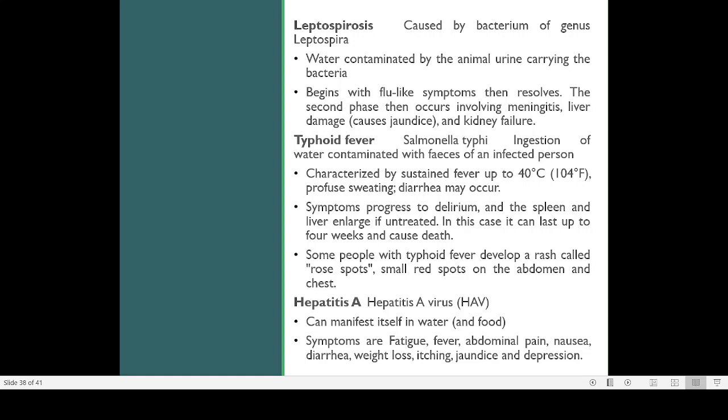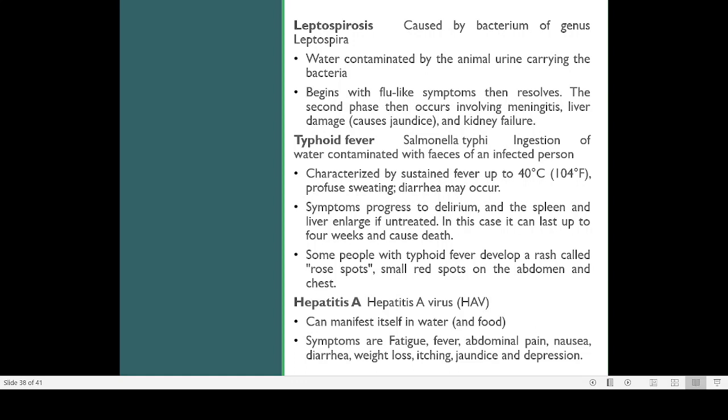As the symptoms progress, there is delirium. Delirium means the very high fever can affect the functioning of the brain, and the person can act like a mad person. His mental abilities may be partially affected. Just like a mad person behaves, he also will behave. That is delirium. Then the spleen and liver can enlarge.